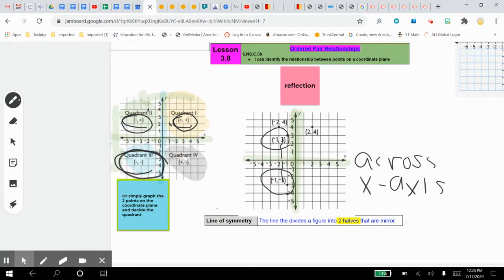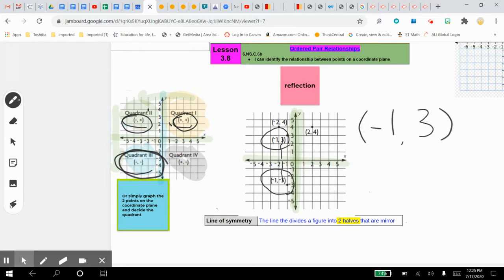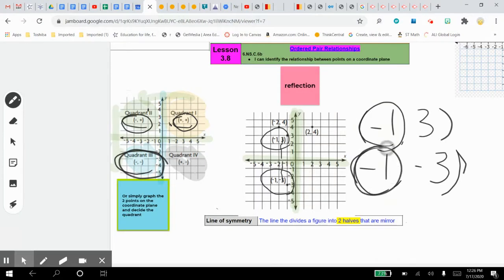Now, there is another way that you can do this, by looking at the coordinates themselves. Let me erase this real quick and write down those coordinates. We have a negative 1 and a 3, and we have a negative 1 and a negative 3. I want you to notice that one of these coordinates is the same. Do you notice that this one right here is a negative 1 and this is a negative 1?